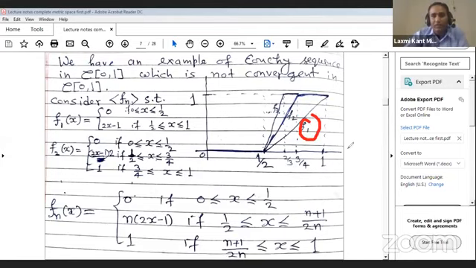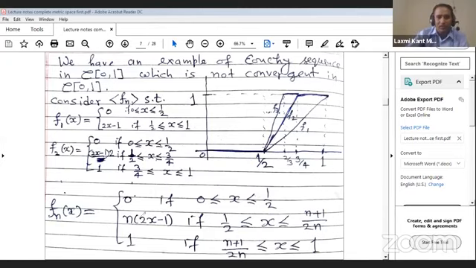F1 is this one, and F2 is what? F2 is 0 between 0 to half, and between half to 3 by 4 it is 2x minus 1 multiplied by 2, and after that it is 1.